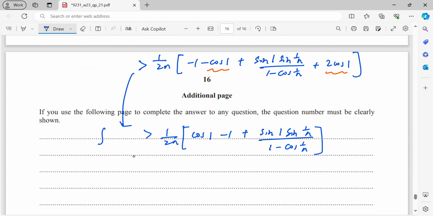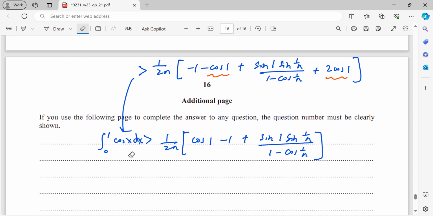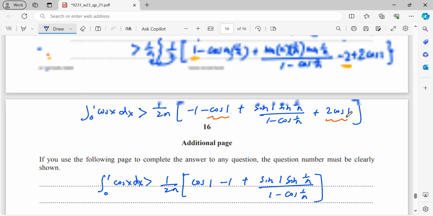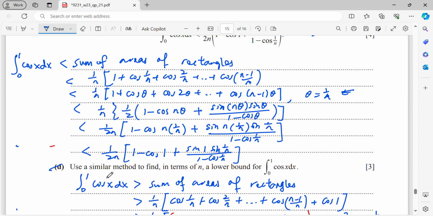Okay, so then from here, I will just rewrite. The left side is basically integration from 0 to 1 of cos x dx. Since this integration is greater than that, that means the lower bound, because the question is asking to find a lower bound for this integration.